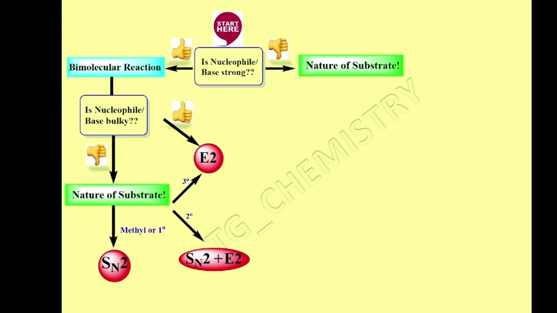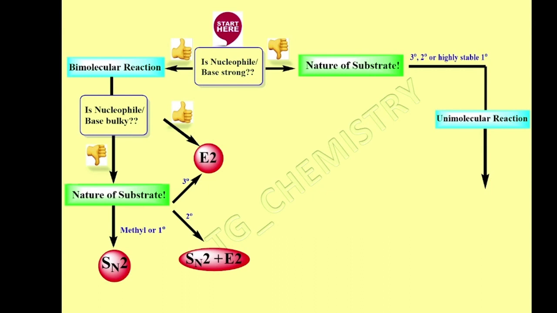Okay, so now we see the other way, where the nucleophile or base given is not a strong one. In that case we have to look at the nature of the substrate, and if the substrate is 3 degree or 2 degree or a highly stable 1 degree alkyl halide, in that case it will follow the unimolecular reaction pathway.